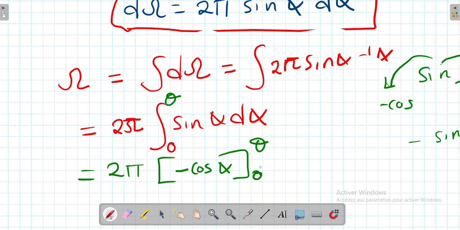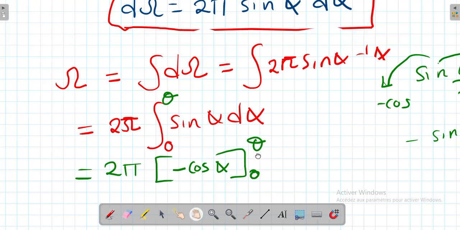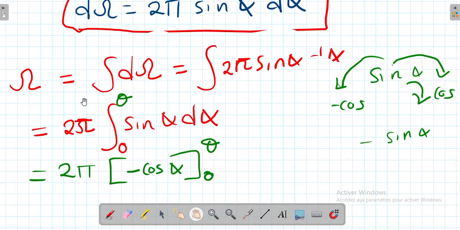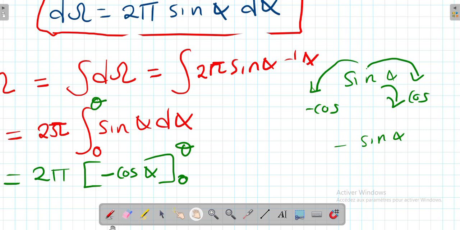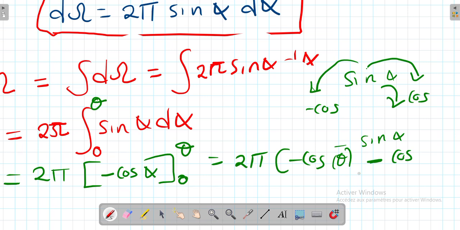The second question hasn't specified. So whenever you are moving from omega to omega, just integrate the omega, very simple. Then you're going to say 2 pi, then negative cos, starting with theta, then here you put 0.